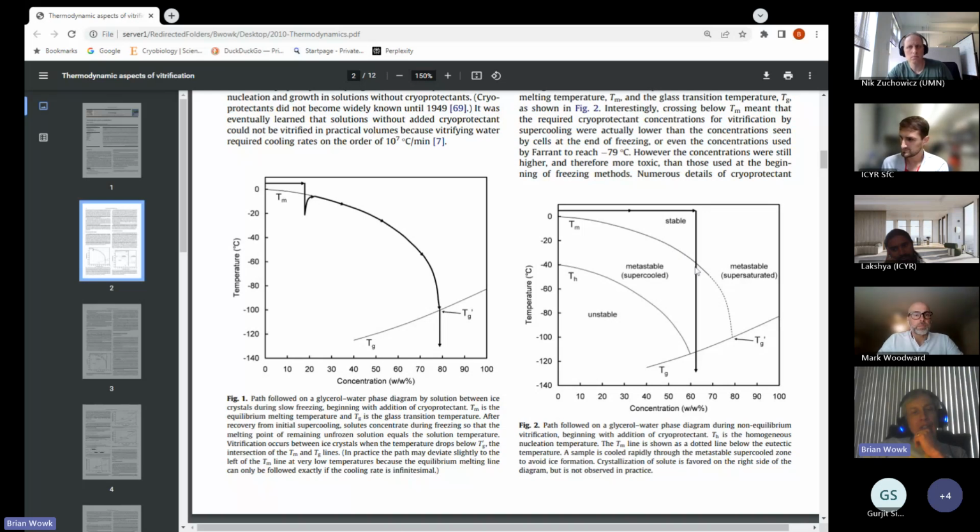Offhand, I'm not sure how much it influences the TM curve. That may depend more on other things like the strength of the water interaction with the solute. But of course, the strength of the water interaction with the solute also determines viscosity. So there is an indirect connection, at least, between viscosity and the melting point curve. Not as direct as the behavior of the glass transition, but there's at least an indirect connection.